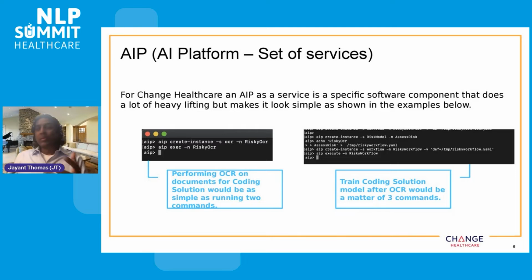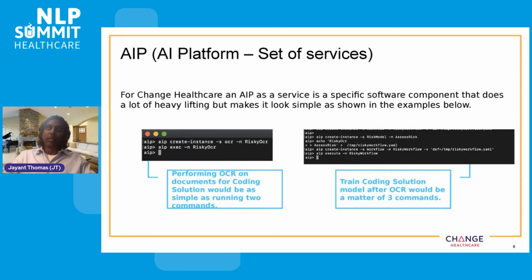And then if you want to do training, you can create an instance of training service. And then you can create a workflow on top of it. It says OCR those files and then train my model using this OCR output. And it's just 3 lines of command. Like you can see here, in this case, I'm OCRing the files.